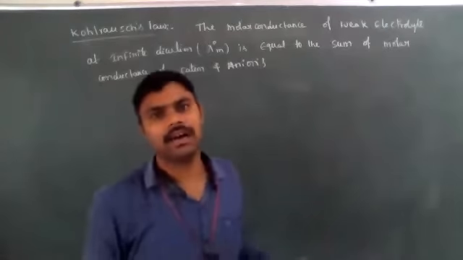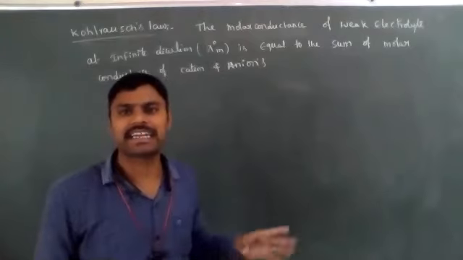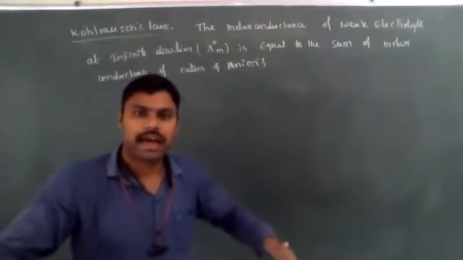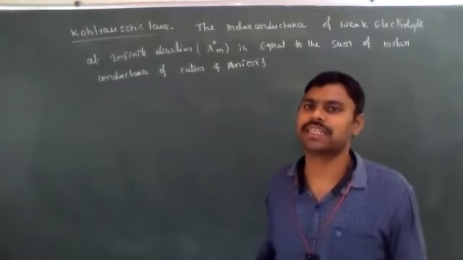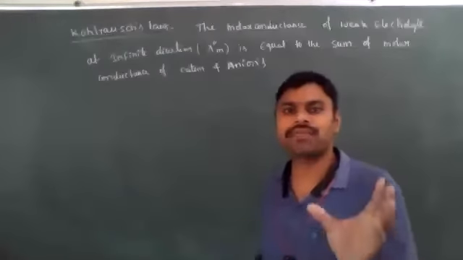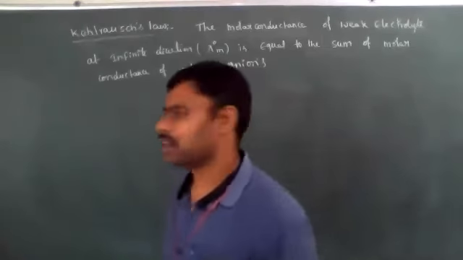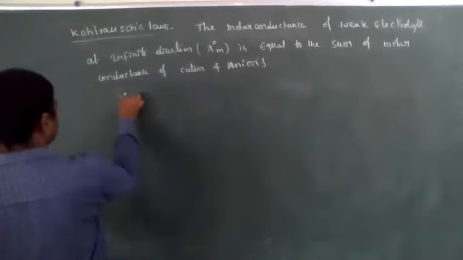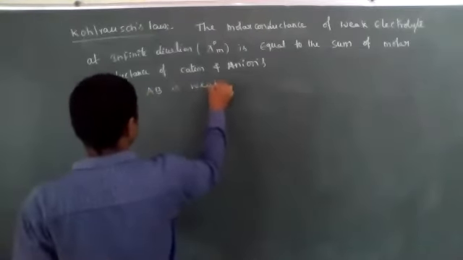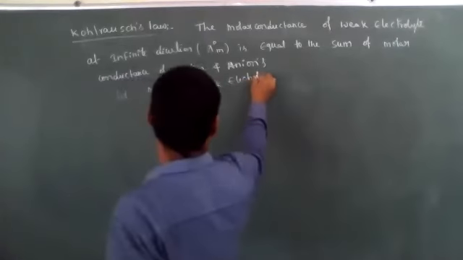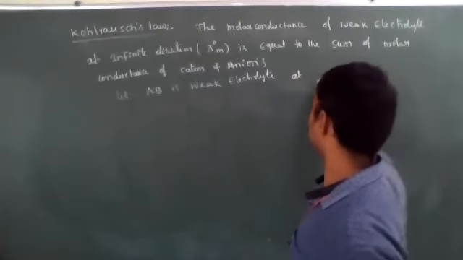What is the Kohlrausch law? It explains the molar conductance as well as equivalent conductance of weak electrolytes at infinite dilution. So the molar conductance of a weak electrolyte at infinite dilution is equal to the sum of the molar conductance of cations and anions. For example, let AB be a weak electrolyte.